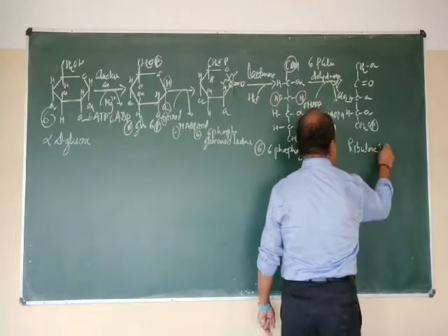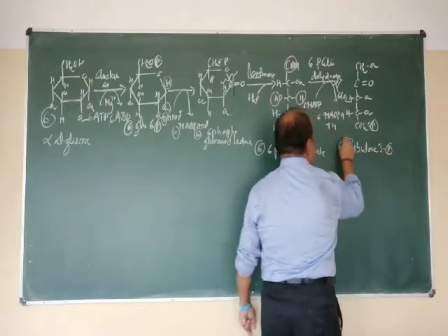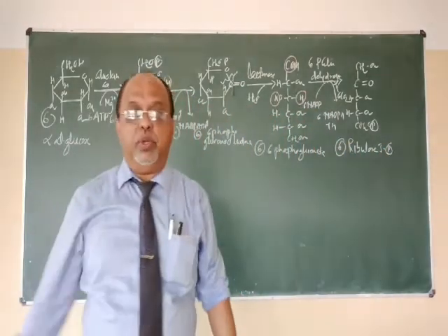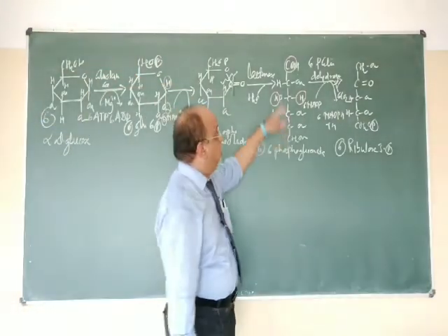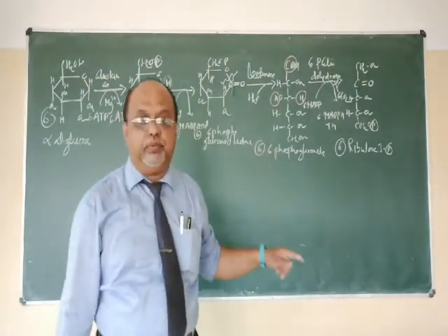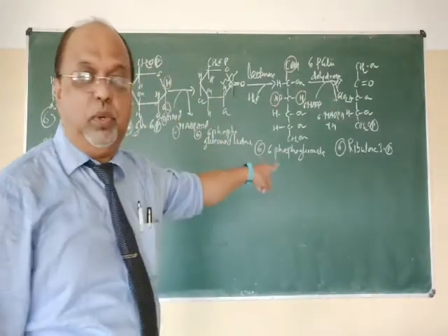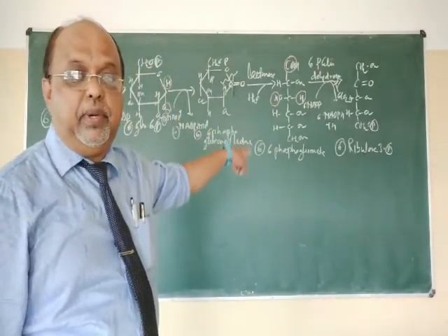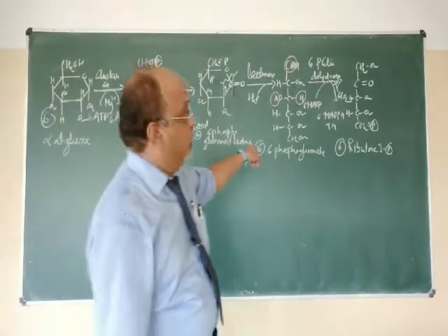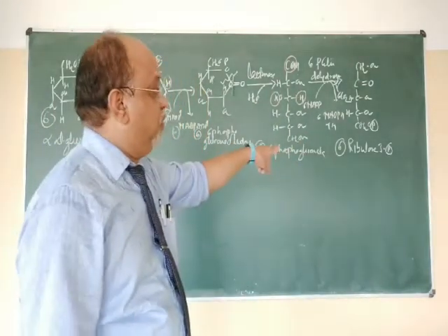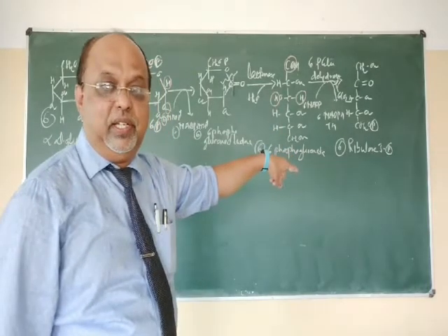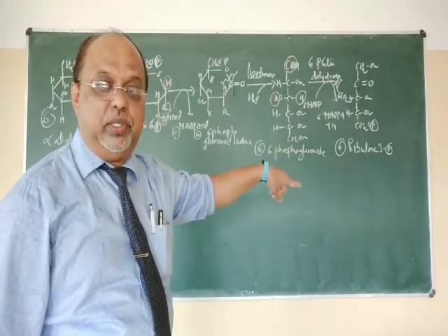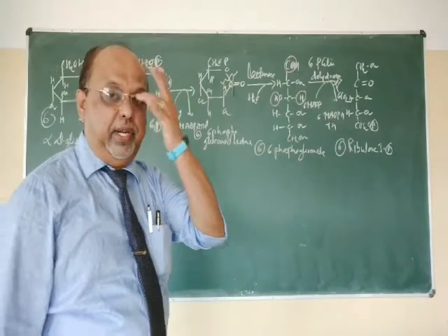Ribose 5-phosphate, 6 molecules. Now you can consider here there was a 6-carbon compound. 6-phosphogluconate is a 6-carbon containing compound. But after the reaction, whatever is formed is ribose 5-phosphate, which is a pentose. Means 1 carbon is reduced.